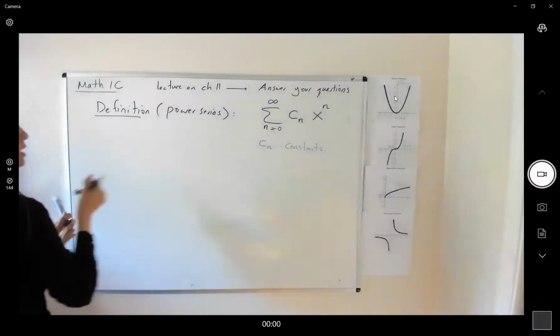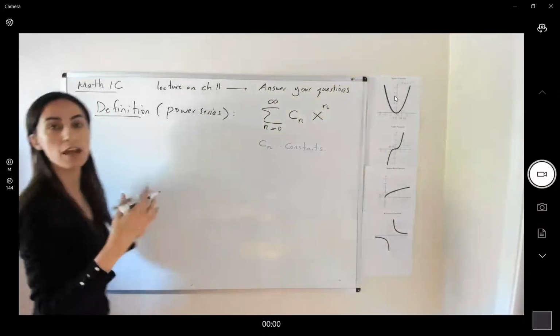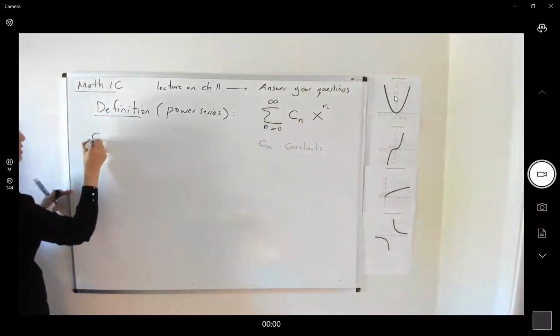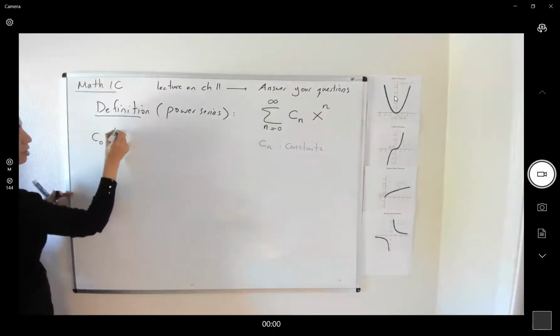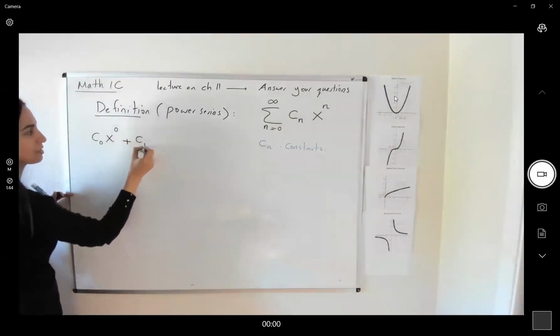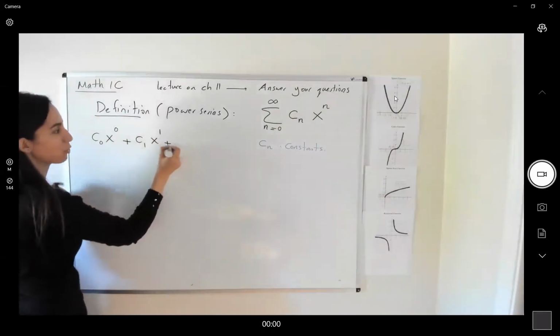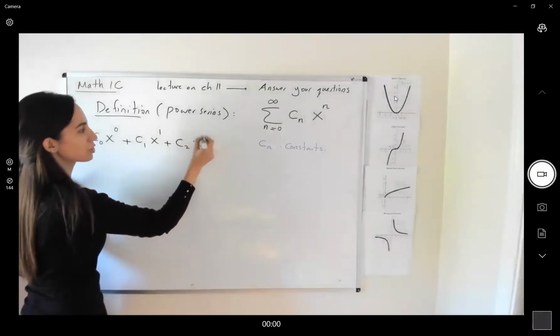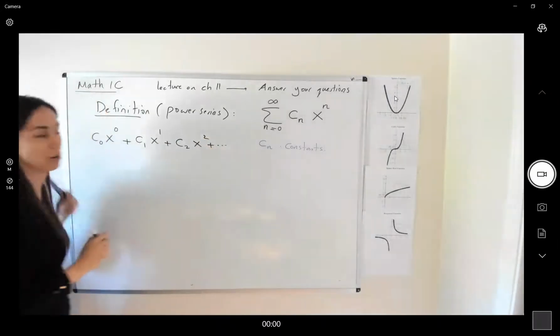There you go. We can write the power series in expanded form: C sub 0 x to the 0, plus C sub 1 x to the first power, C sub 2 x to the second power, and the rest of them.